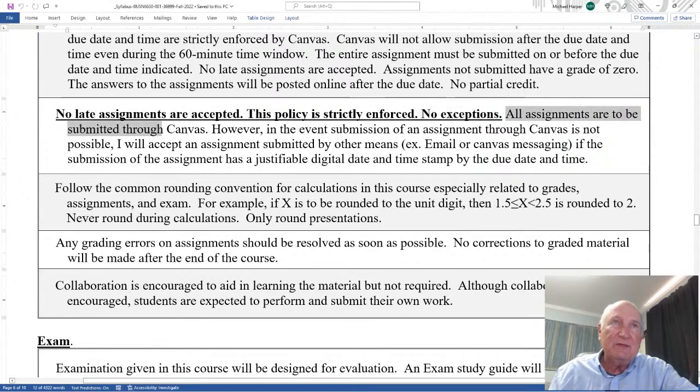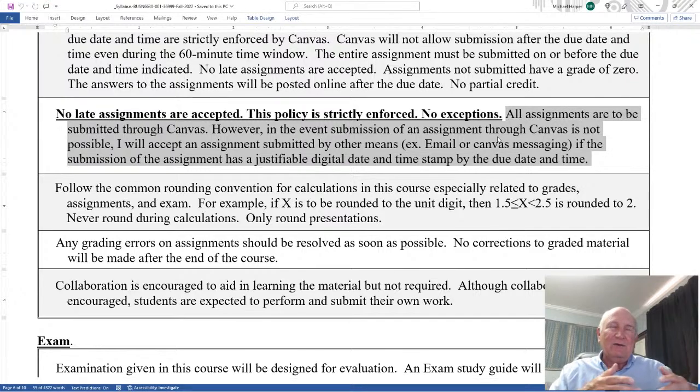All assignments are to be submitted through Canvas. However, in the event submission of an assignment through Canvas is not possible, for example, Canvas is down and you can't open it, or something happens, I will accept an assignment submitted by other means, for example, email or Canvas messaging, because sometimes people say they opened it up but didn't submit anything because their electricity went out or their laptop went down.